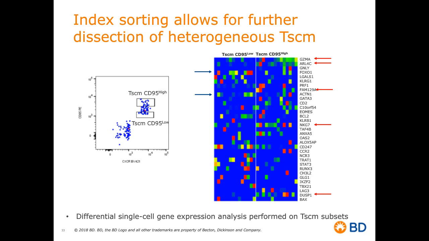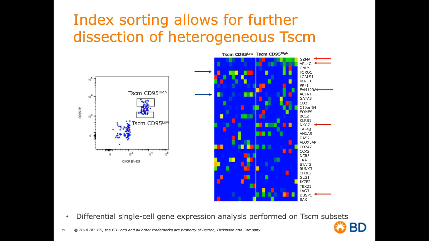And what we find is a very interesting pattern. If you look now at the right, the red arrows are representative of genes associated with an effector phenotype. We can see, for example, granzyme A on the top of the list: few cells expressing low-level CD95 express granzyme A, and more express granzyme A when they acquire a higher expression of CD95.